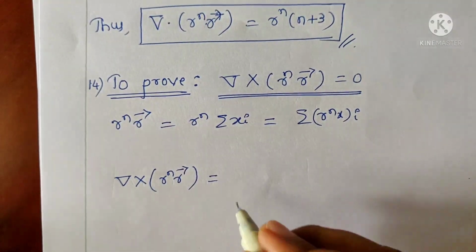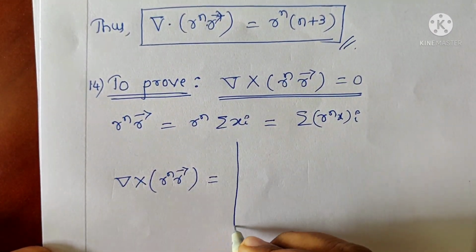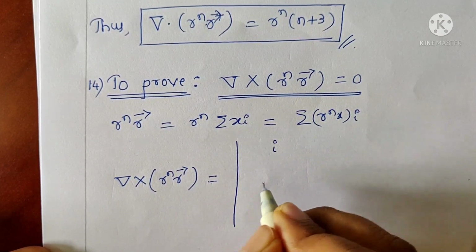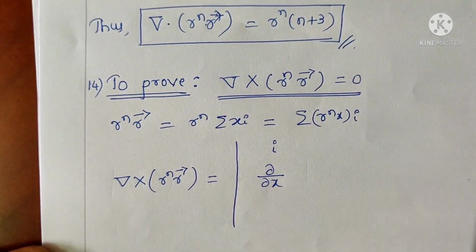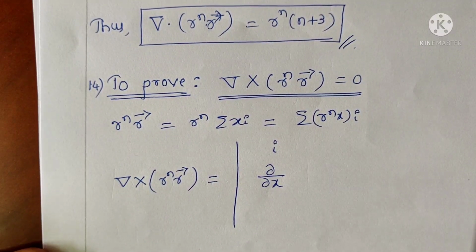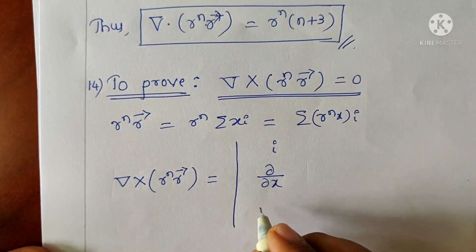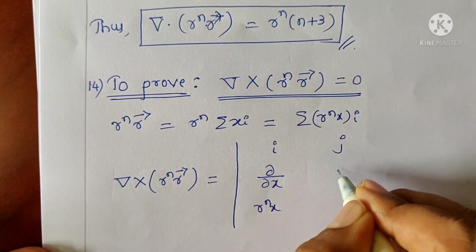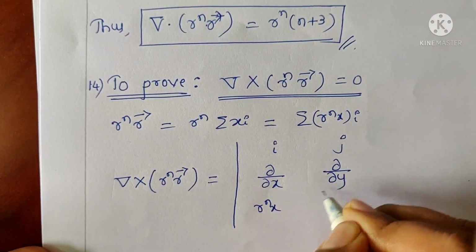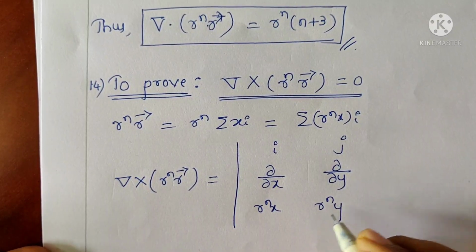So this is equal to, for i, the corresponding coefficient of del is ∂/∂x, and for r^n vector r it is r^n into x. Next j, then ∂/∂y, then here r^n into y.